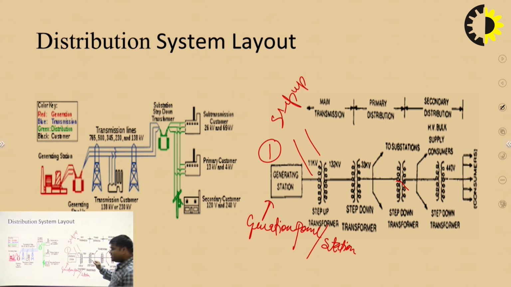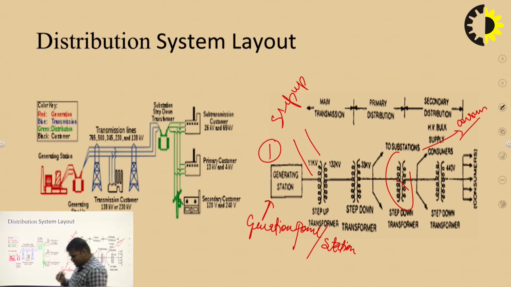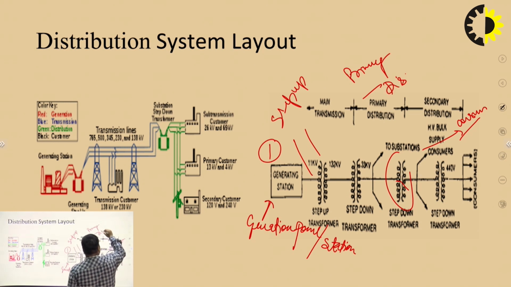And this is the step down transformer, and again this is a step down transformer for the substations part, and this side is the consumer side. The distribution layout for transmitting power is divided further into two categories. The first one is primary distribution, and the second one is secondary distribution.